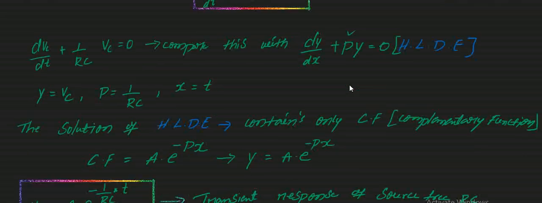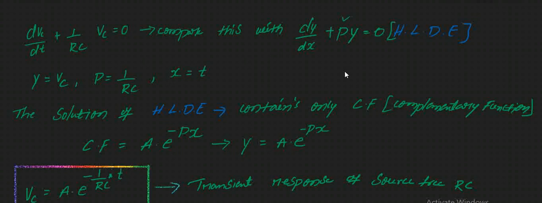We have seen that the solution of a homogeneous linear differential equation contains only the complementary function. Why? Because the general solution contains the particular integral plus the complementary function. The particular integral involves Q, but here the Q value is 0. If Q is 0, the particular integral also becomes 0. So it contains only the complementary function.